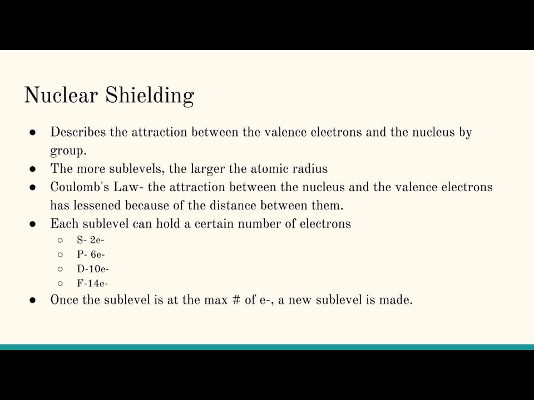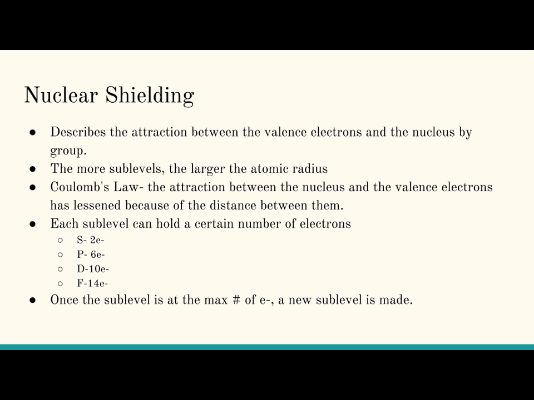Thanks. So in addition, the secondary factor that's always talked about in periodic trends is the shielding effect. The shielding effect is basically what we talk about going down a group. So Zeff, or nuclear effective charge, is what we speak of going across a period, whereas the shielding effect is what we talk about as we go down a group. So what's different as you go down a group? You can imagine going down the alkali metal group, lithium to sodium to potassium, and so forth. Your atom is building itself.